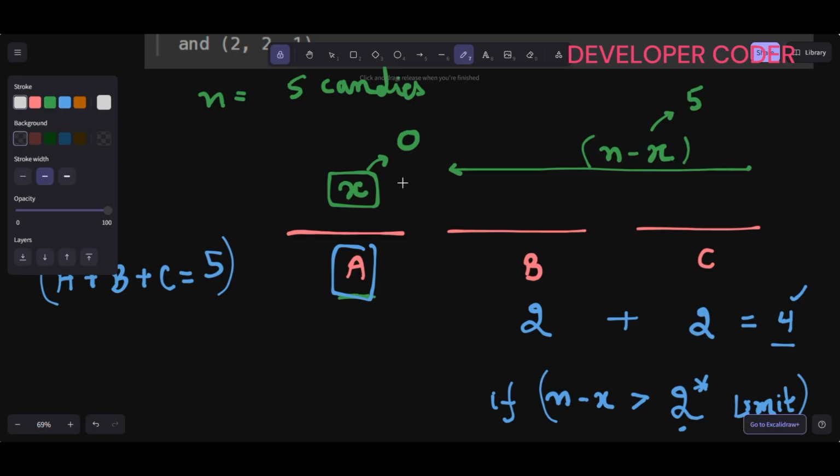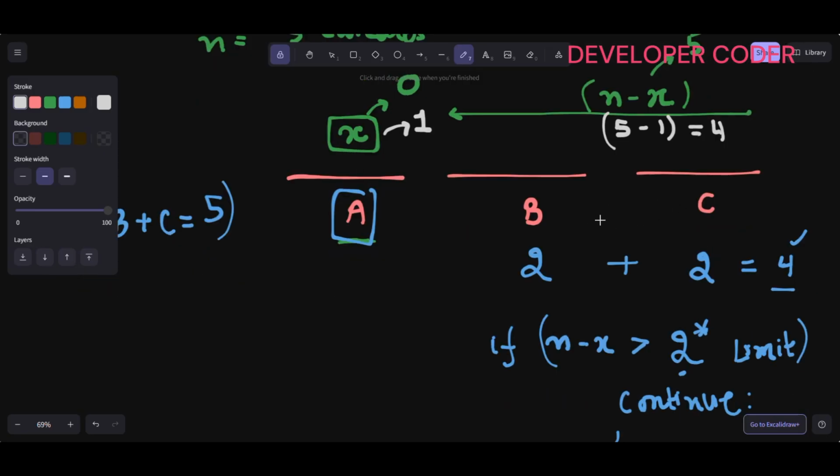Now let's see for x equal to 1. For x equal to 1, my n minus x value is going to be 5 minus 1, that is nothing but 4. Now the answer is possible, right?